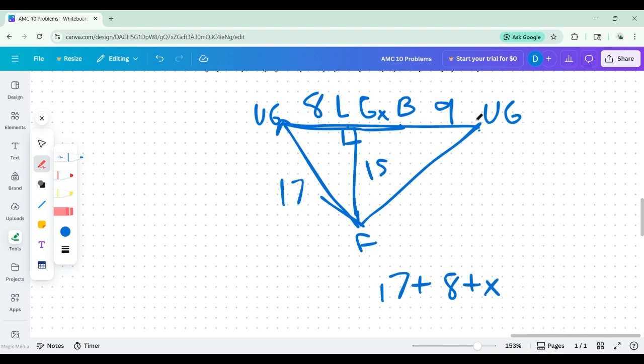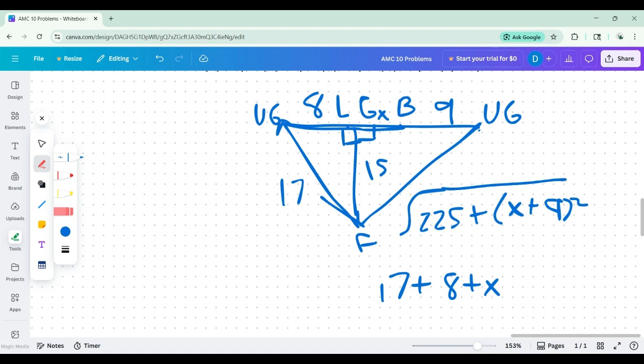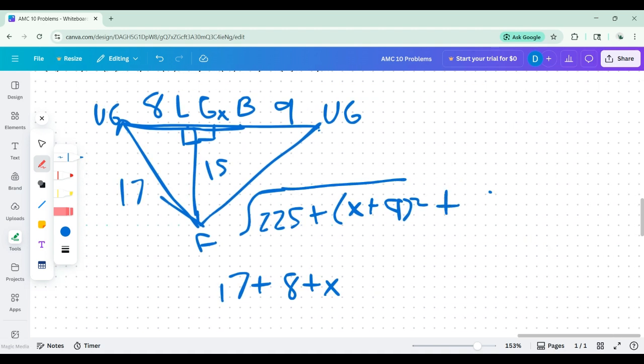And if Francis went the right route, Francis would have to travel from Francis's starting position to the unlocked gate, which is the square root, because this is a right triangle, of 225 plus (x plus 9) squared, and then he would have to travel an additional 9 to reach the box of chocolates.